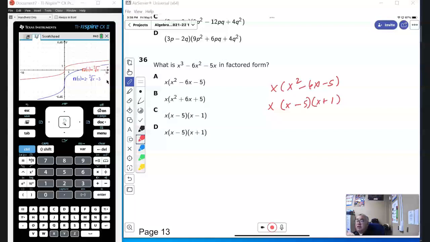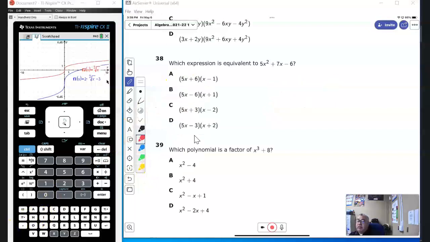And negative 5 and negative 1 do give you negative 6, but it won't be minus 5. So you can only leave it as x times x squared minus 6x minus 5. So the answer is A. You're unable to factor x squared minus 6x minus 5.